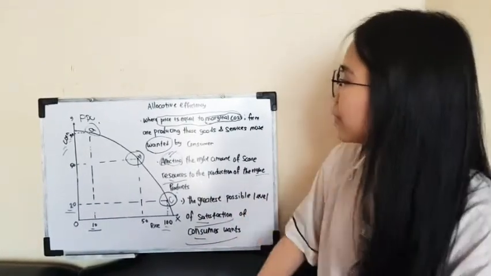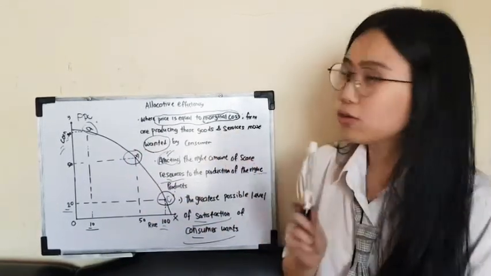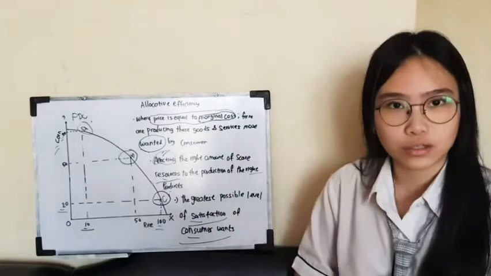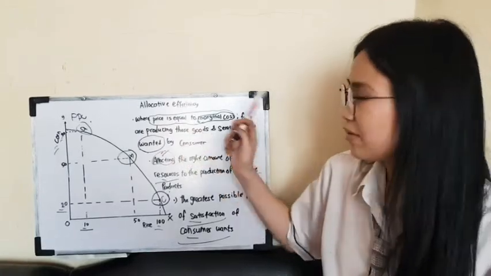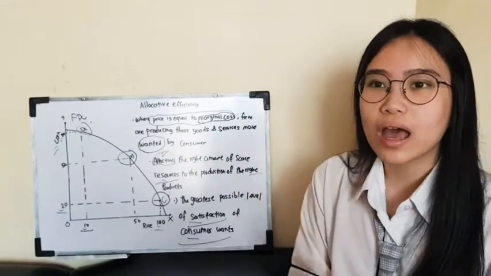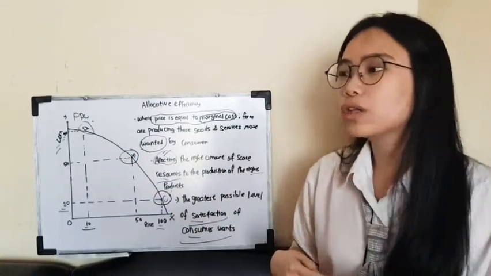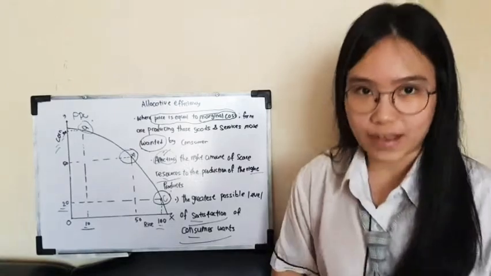It is why in point B, allocative efficiency will be achieved, as we are able to achieve the greatest satisfaction of our consumer. So in allocative efficiency, we need to remember to allocate our resources in order to achieve our consumer satisfaction.